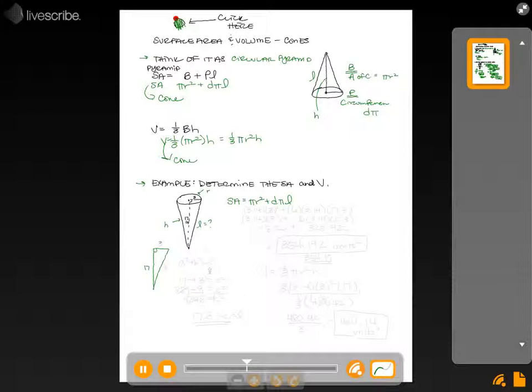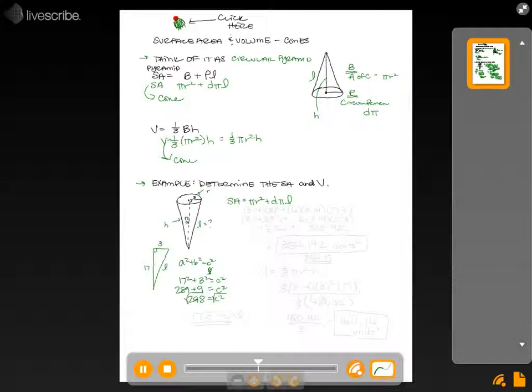Height is 17, and this is 3. So we will do a squared plus b squared equals c squared. C squared again is the slant height. That's the same spot. So a is 17 squared, b is 3 squared, equals c squared. 17 times 17 is 289. 3 squared is 9, equals c squared. 289 plus 9 gives us 298.